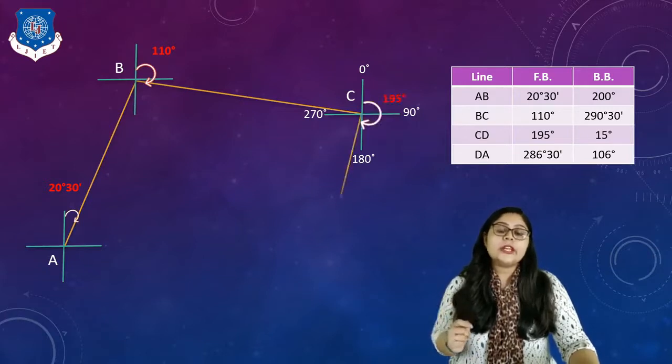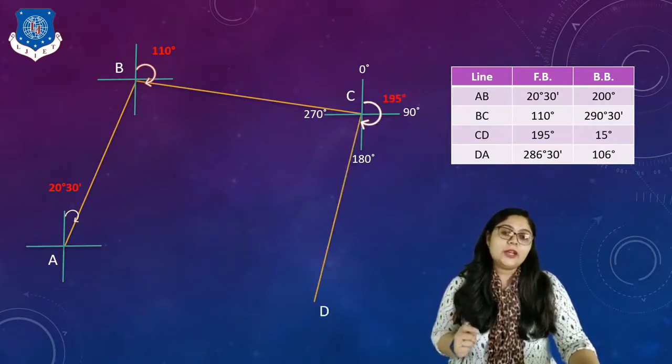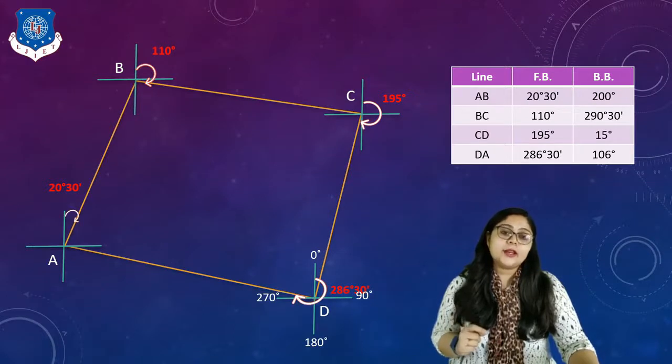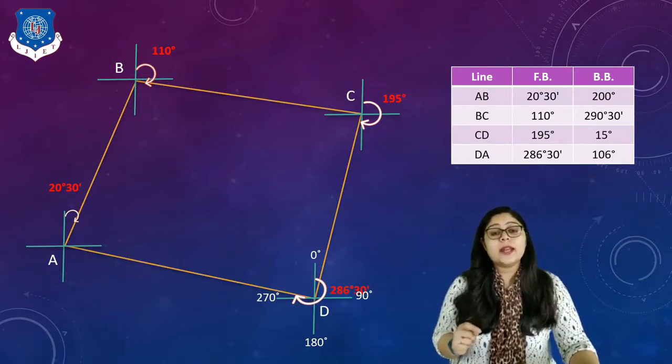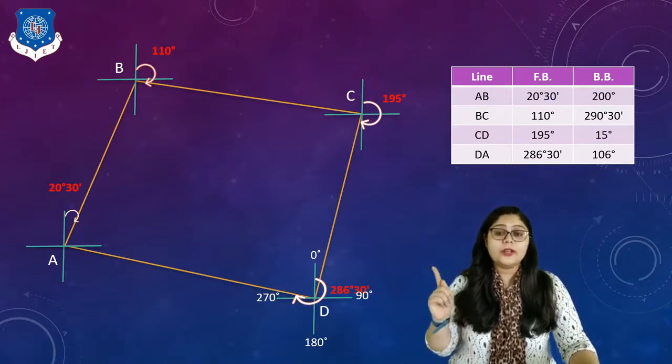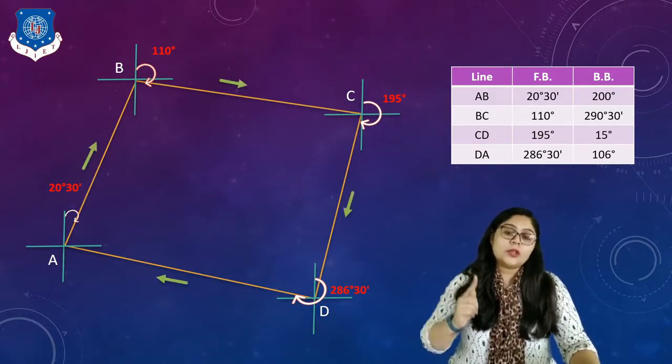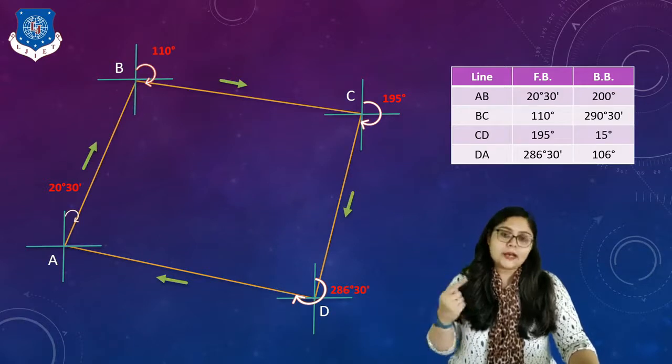Now from C to D, the value is 195 degree. It means the third quadrant. Likewise, from D to A, the value is from the fourth quadrant, having a value of 286 degree 30 minutes. Now you understand how I can plot the four bearings, right? Because I have put the value in forward direction only, now to make a complete traverse.